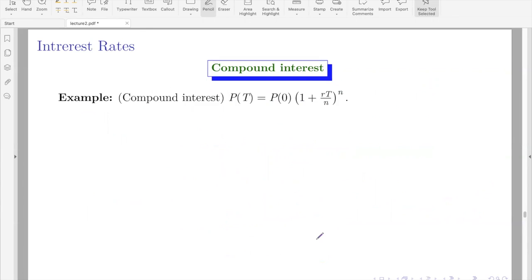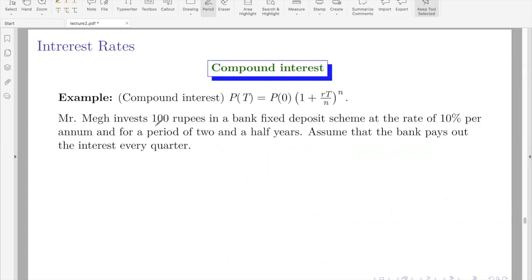Let's take the same example that we have considered for simple interest, where Meg invested 100 rupees in a bank fixed deposit scheme at the rate of 10% per annum and for the period of 2.5 years. And the payout of the interest is quarterly, and therefore now we can use the compound interest formula to obtain the maturity amount, that is the nominal value of the fixed deposit, if the interest is calculated on a compound interest basis.